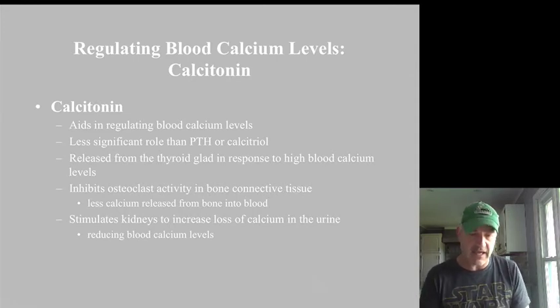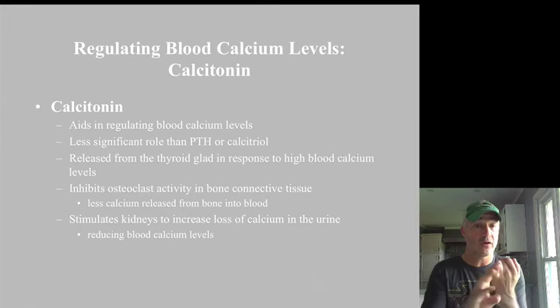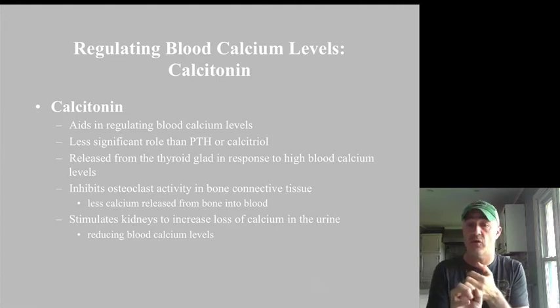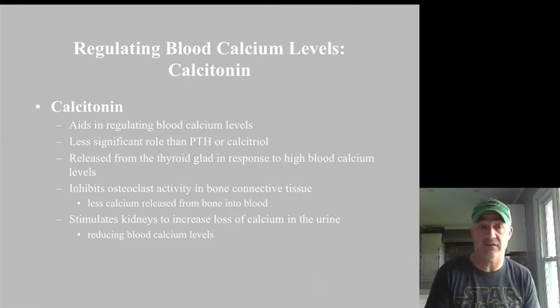What it does is it's going to act on the osteoclast. So again, if blood calcium levels are too high, we don't want to reabsorb bone, so we're going to inhibit osteoclasts and then stimulate osteoblasts to be more active. This is also going to let the kidneys excrete more calcium into the urine, reducing these blood calcium levels.